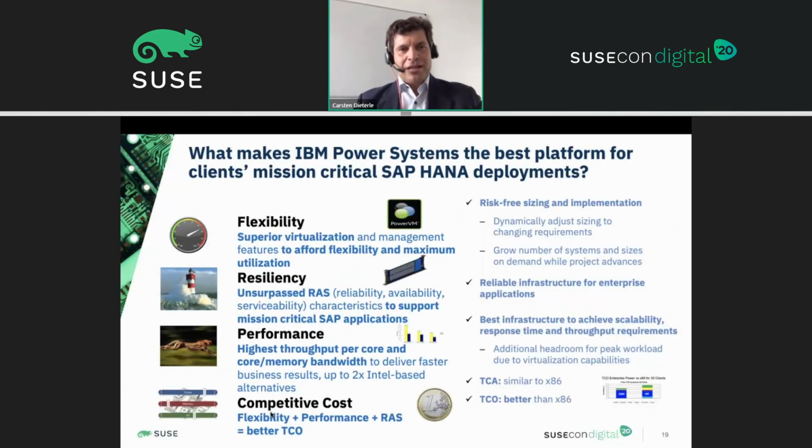In summary, I just want to close now with this slide, I want to bring you in short terms what makes IBM Power Systems the best platform for mission-critical SAP HANA workloads. Flexibility. With PowerVM, we can run applications always virtualized.